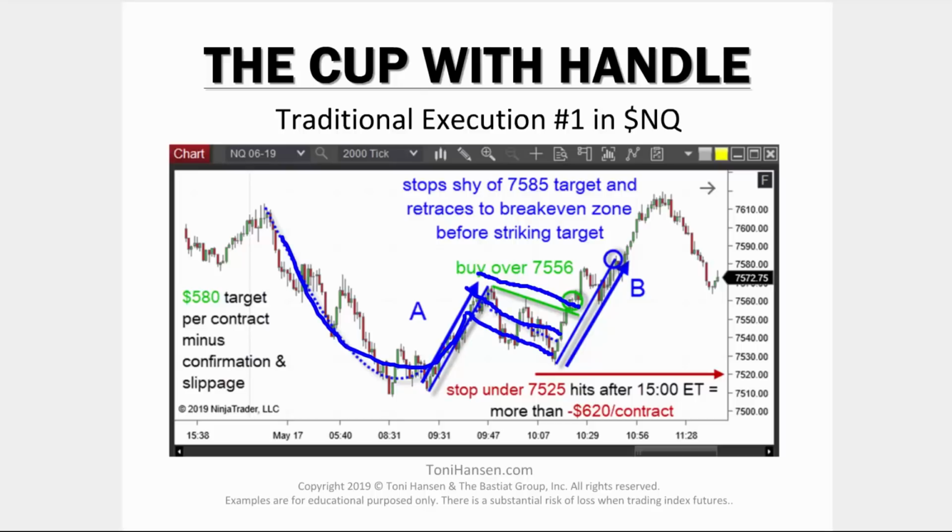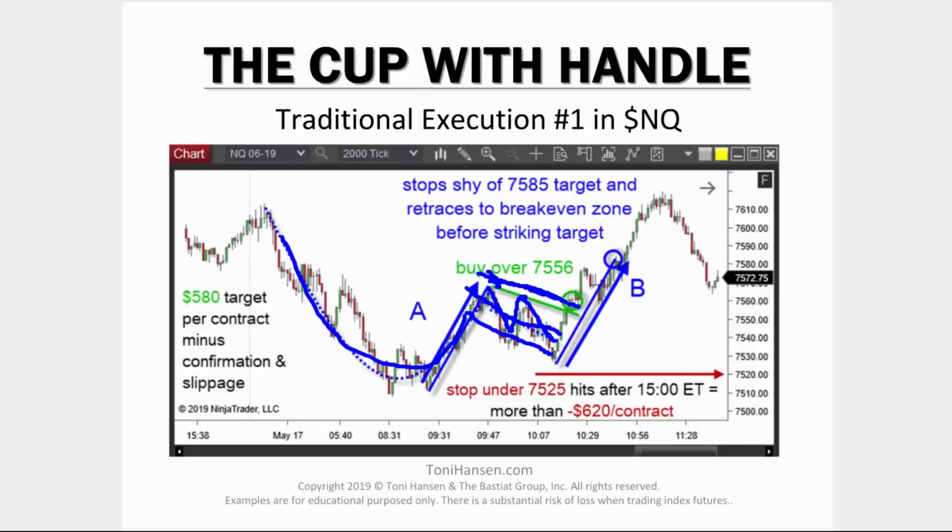Now, what you're going to see me talk about throughout the class is two-wave price development. So I'm often focusing on things like two-wave corrections, two-wave continuations. So when we have a cup with handle, ideally you'll have a nice two-wave pullback in this handle. Typical buy trigger is over the handle itself. Basically, you're connecting your first high and your second high within the handle.